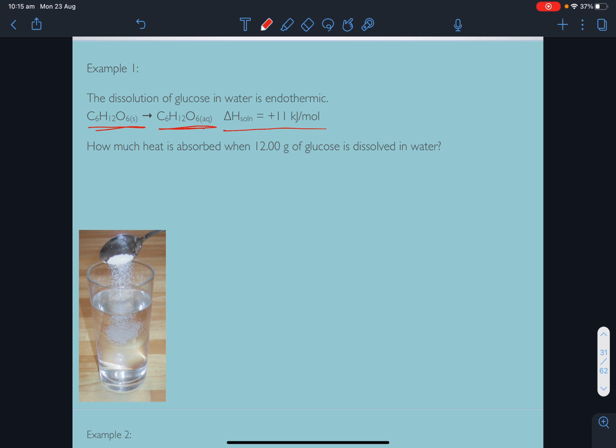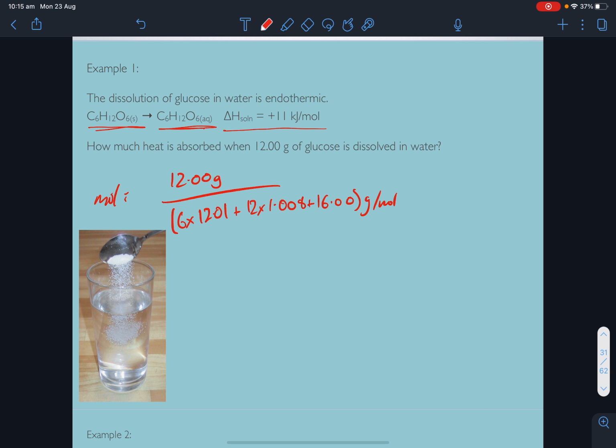Okay, so all we need to do is convert 12.00 grams over to moles of glucose. So let's divide it by 6 times 12.01 for carbon, plus 12 times 1.008 for hydrogen, plus 6 times 16.00 for oxygen, which will give us how many moles of glucose we're going to dissolve.